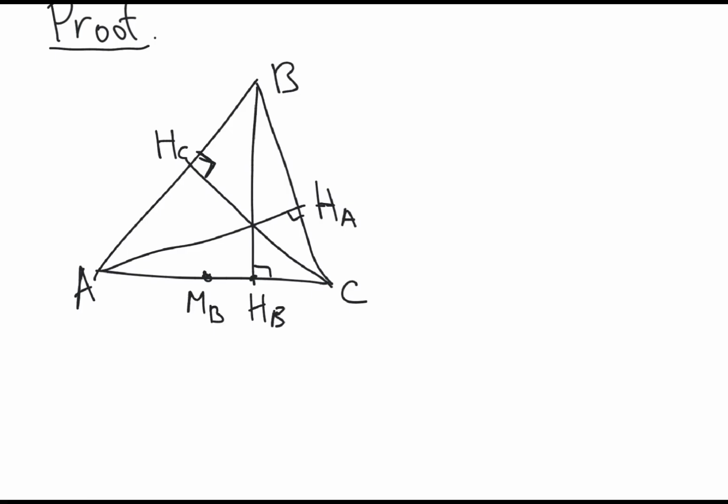So the goal now is to prove that, so we consider the circumcircle of the triangle HA, HB, and HC, the circle that passes through these 3 points. The goal is to prove that MB, the midpoint of AC, also lies on this circle.